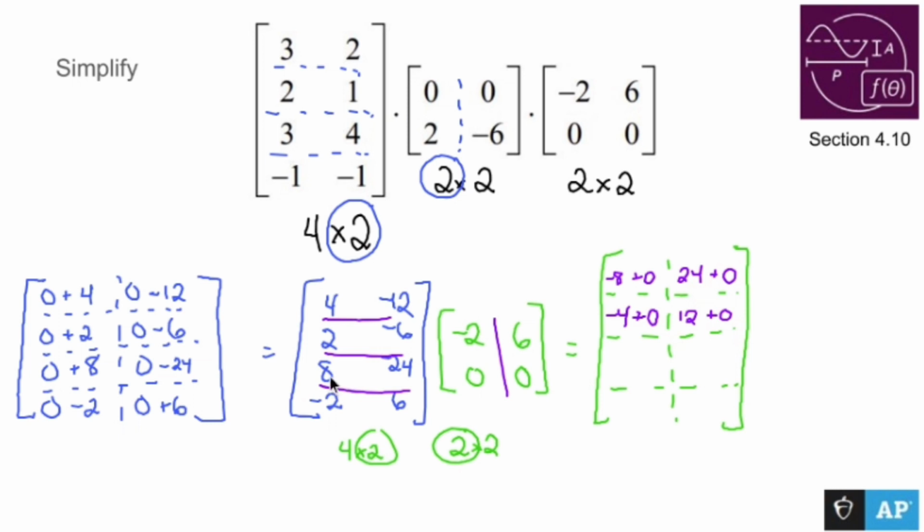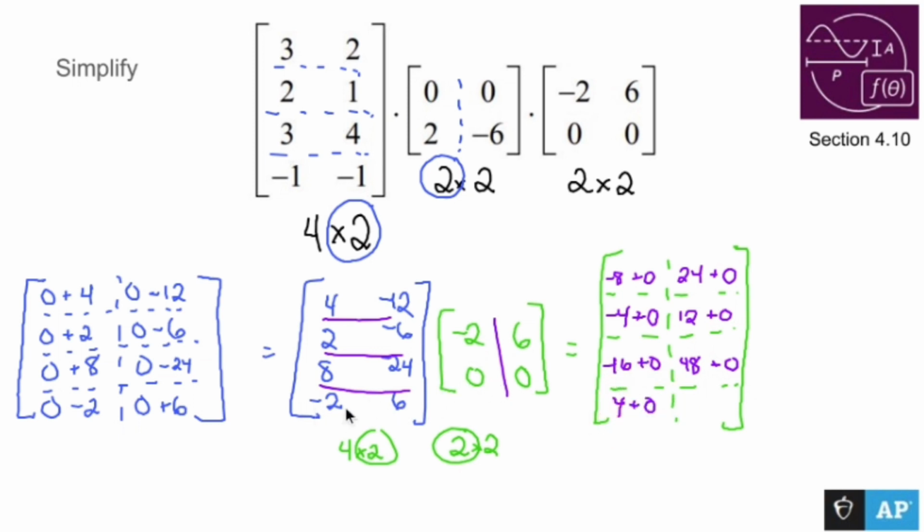Third row, first column: 8 times negative 2 is negative 16. 24 times 0 is 0. Third row, second column: 8 times 6 is 48. 24 times 0 is 0. Last row, first column: negative 2 times negative 2 is 4. 6 times 0 is 0.